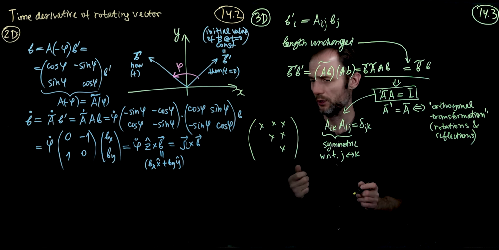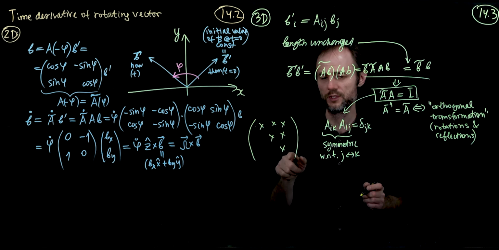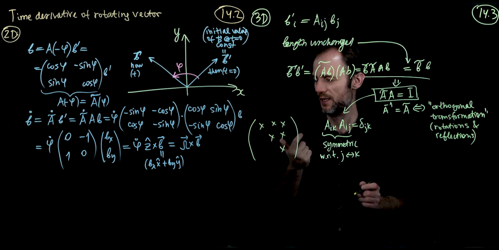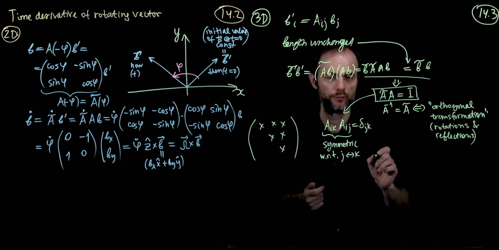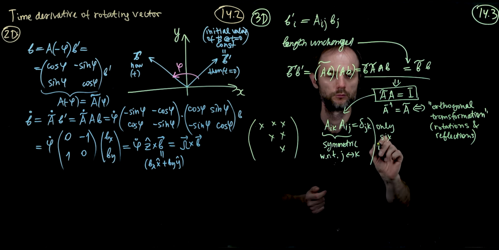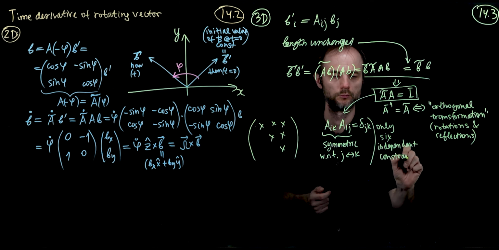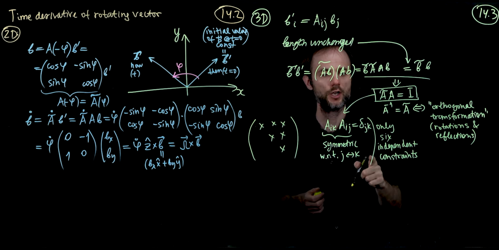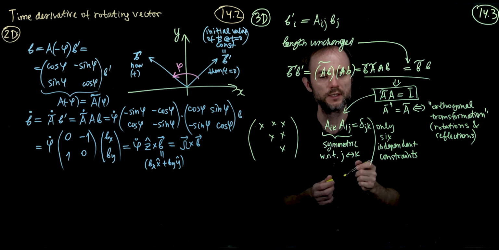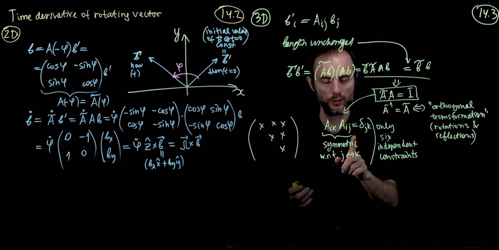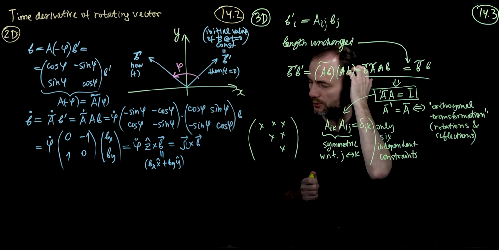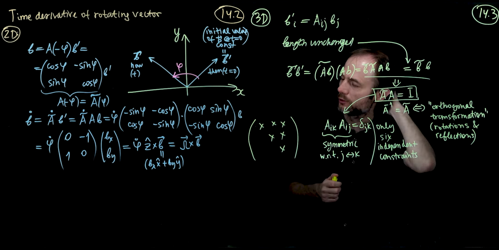So there are only 1, 2, 3, 4, 5, 6, only 6 independent relations. So the fact that the length doesn't change imposes only 6 independent constraints, not 9. That's because of the symmetry of this product on the left.